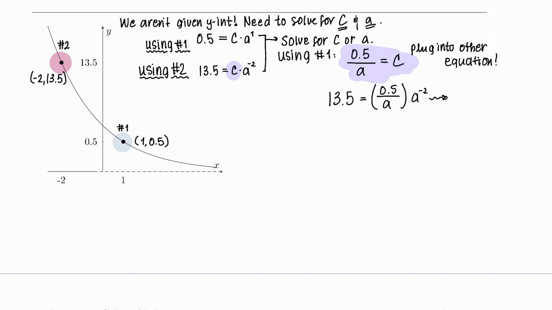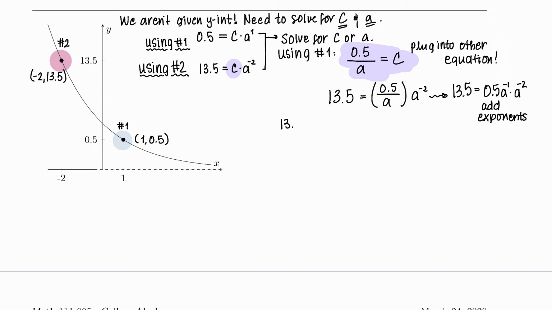So remember, this is 0.5 times A to the negative 1 times A to the negative 2. What do I do with these exponents? I add them. So I'm left with 13.5 is equal to 0.5 A to the negative 3.